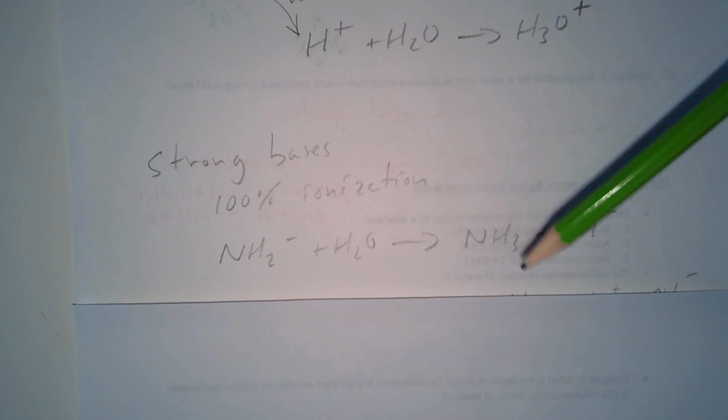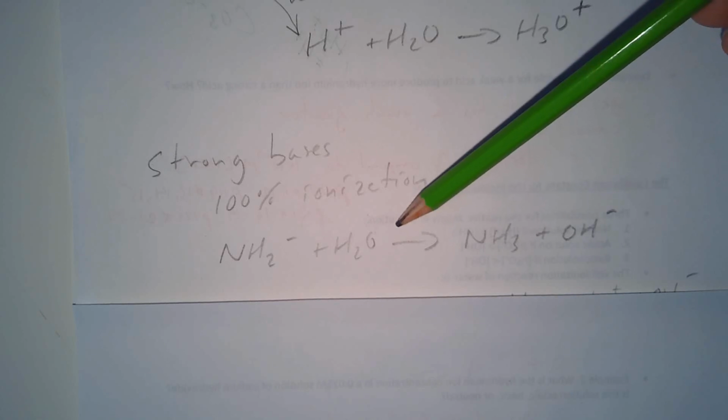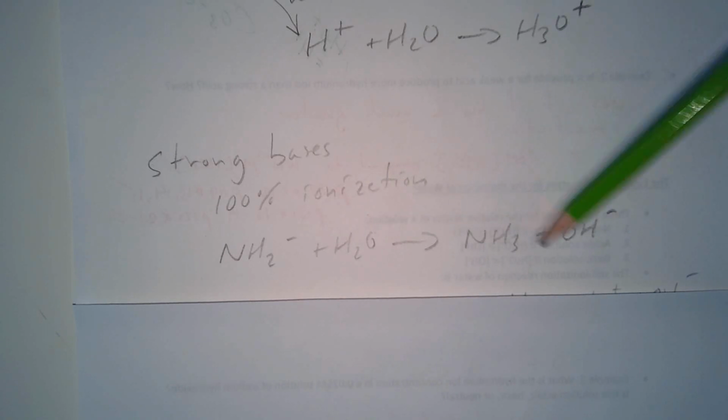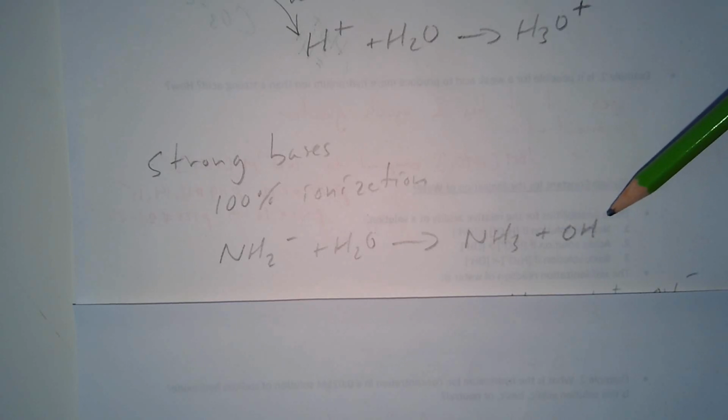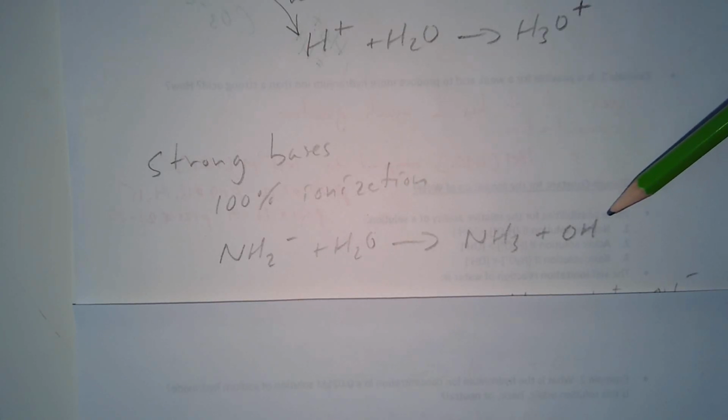So you can see from these two examples, water can be either acidic or basic depending on what it's reacting with, and the term for that is amphiprotic. So here, the water is going to donate the proton to NH2 minus, and that becomes NH3, and there's your OH minus. The presence of OH minus is an indication of base. Okay, so when we say something is a strong base, what we're saying is it's 100% ionized to OH minus.